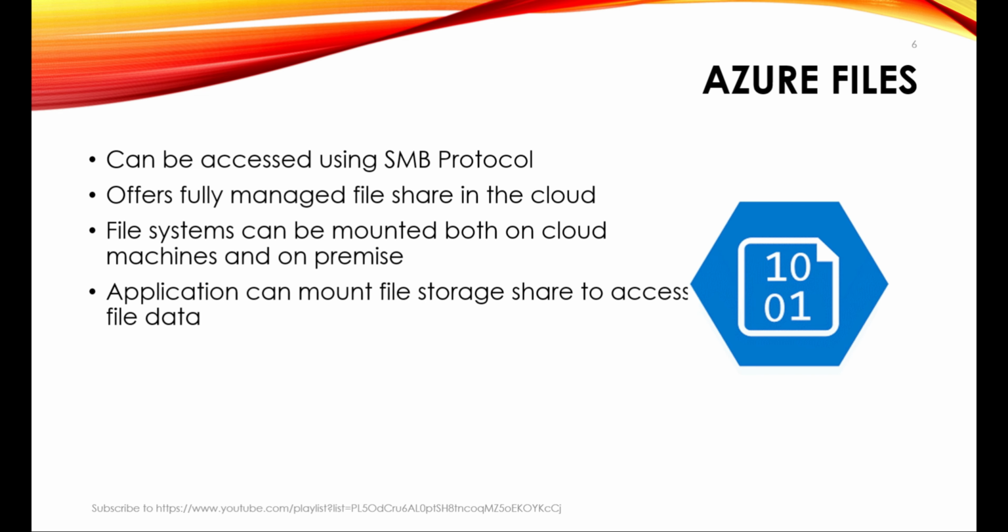File systems can be mounted both on cloud machines and on premises. Wherever you mount it, it can be mounted anywhere. You have that option. An application can mount a file store share to access file data, right? It's not limited to manual intervention. You can configure your application to mount the file share on cloud.